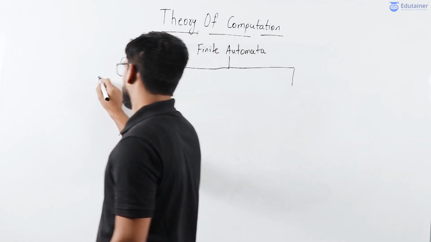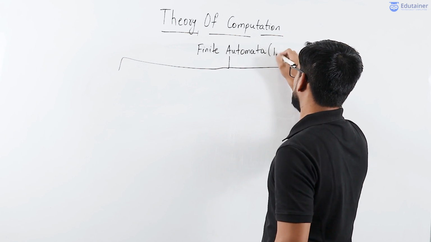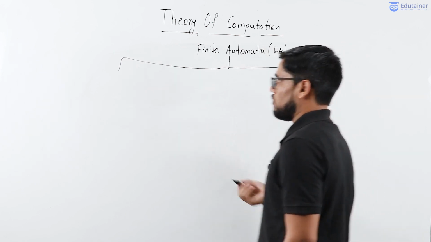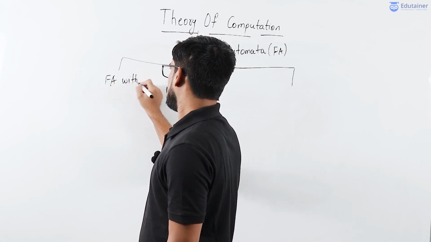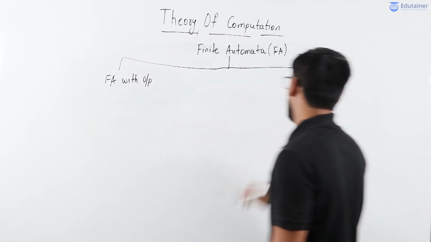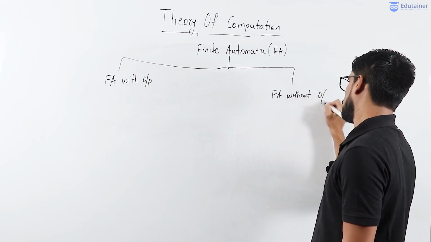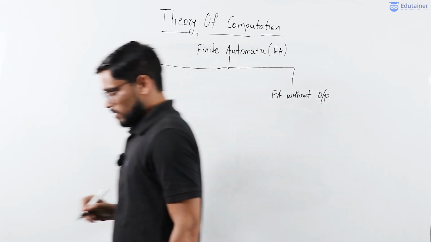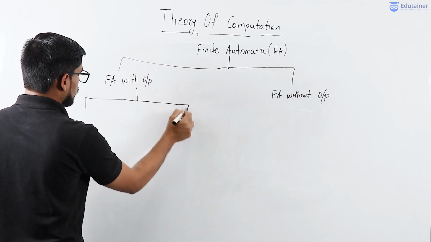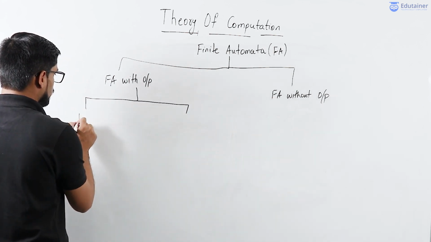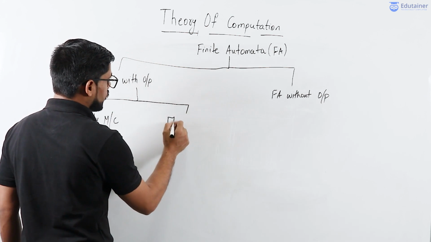One is finite automata, let's abbreviate this as FA, so in short form I call it FA, finite automata with output, and finite automata without output. Further, finite automata with output is classified into two categories. The first one is Mealy machine and the second one is Moore machine.